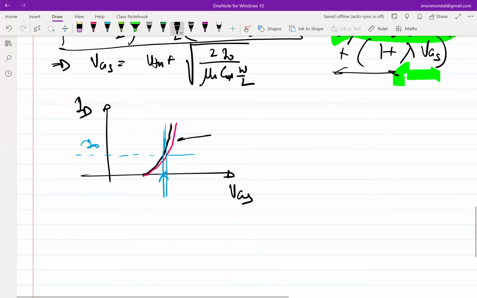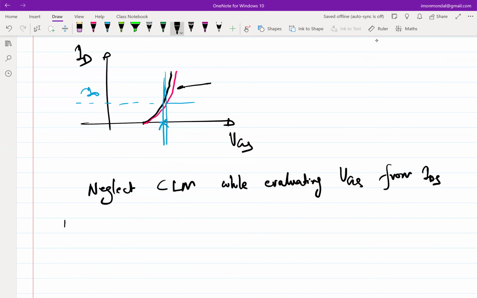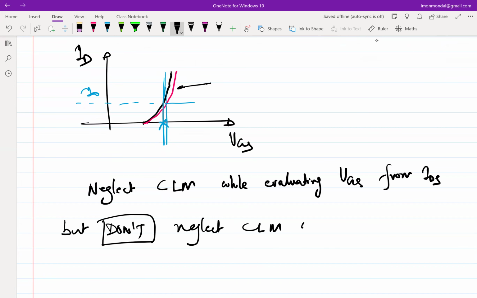So let me write it down also. Neglect CLM while evaluating VGS from IDS, but don't neglect it while evaluating IDS.